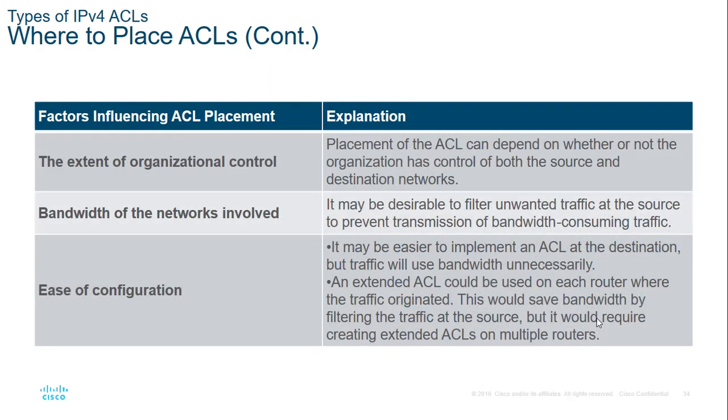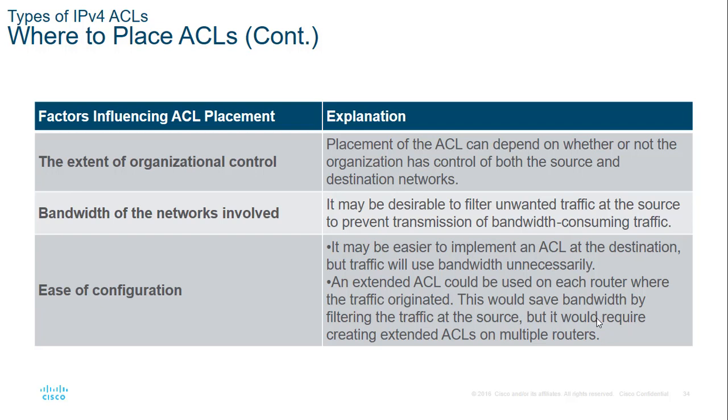So the factors that are going to influence where we want to put our ACL: the placement can depend on whether or not the organization has control of both source and destination networks. That's an important one. If we think about it, when we're trying to put ACLs on our corporate network, you don't have control of your ISP's network, so obviously you can't put an ACL on their router to block or permit, but you can put it on the end of yours.